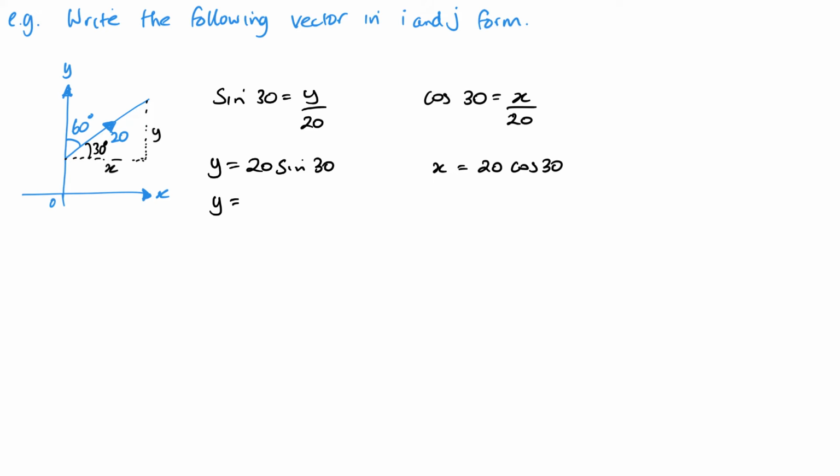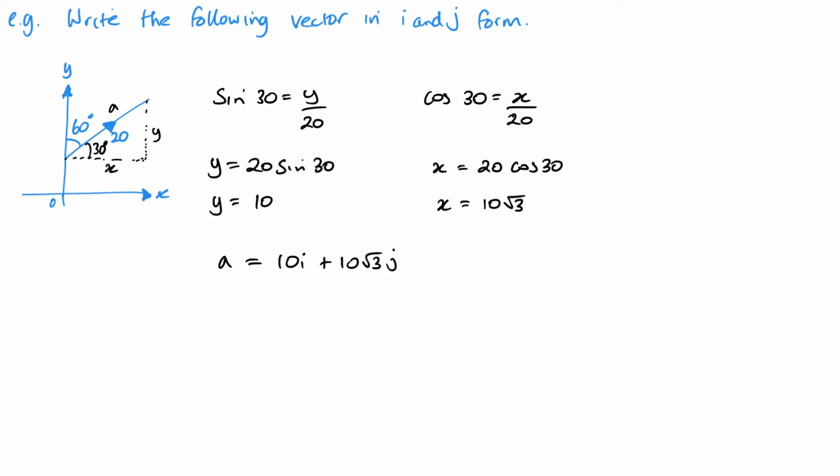So that means my y value is 10 and my x value is 10 root 3. So this vector, let's call it A. So vector A is 10i plus 10 root 3j.